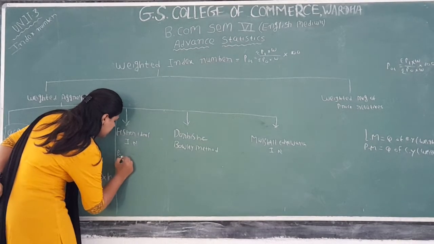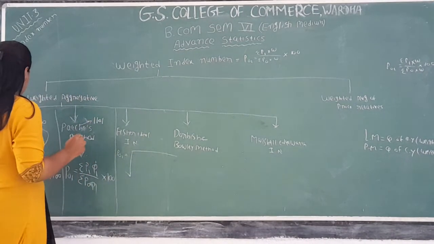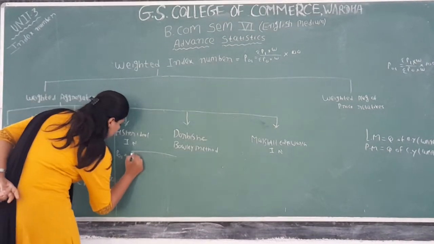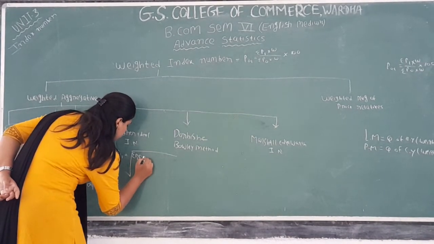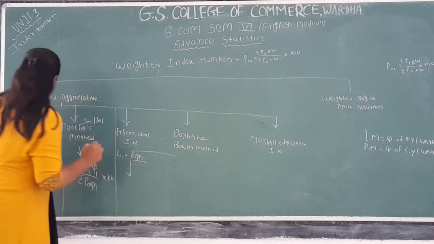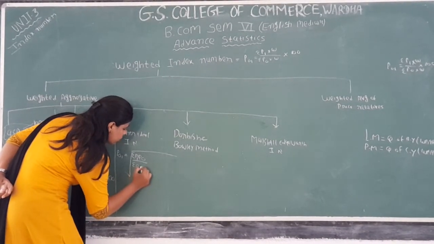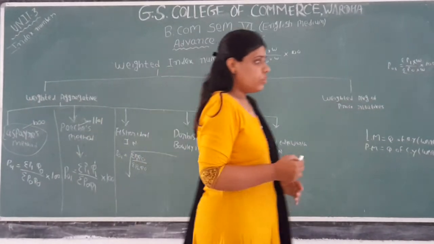P01 is equal to under root, Laspeyres method, summation P1 into Q0 divided by summation P0 Q0.